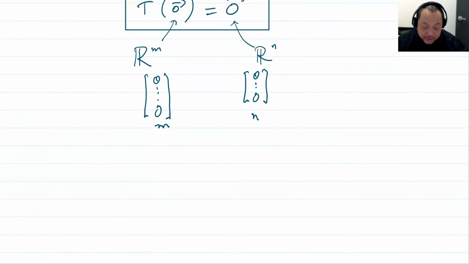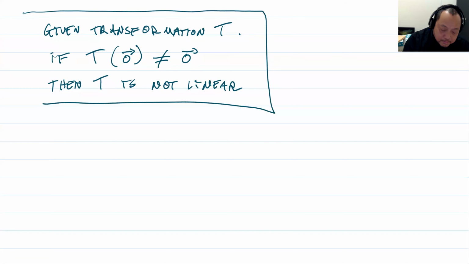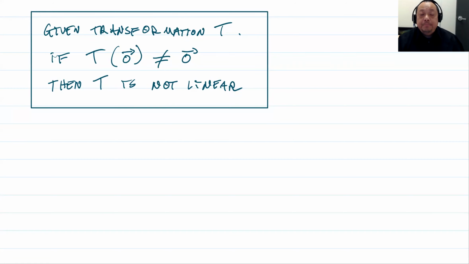So let's write it down as a rule. Box it up. Given a transformation T, if T starts with 0 and ends up with something that is not 0, then we know that T is not linear, not a linear transformation.